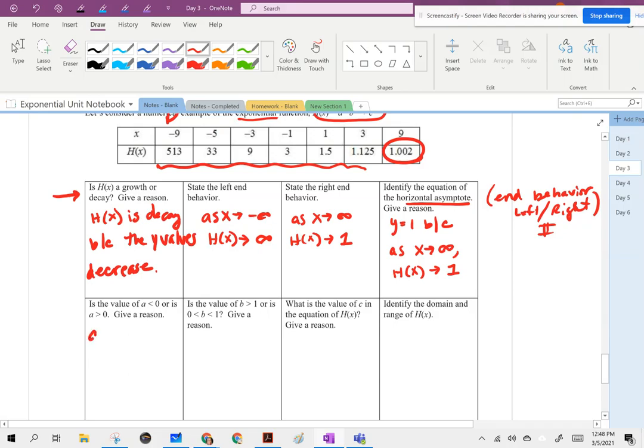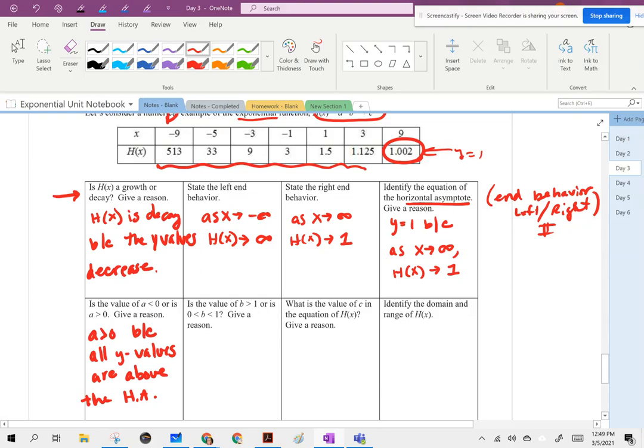And so a is greater than 0 because all y values are above the horizontal asymptote. Okay, horizontal asymptote is y equals 1, and these are all higher than 1.